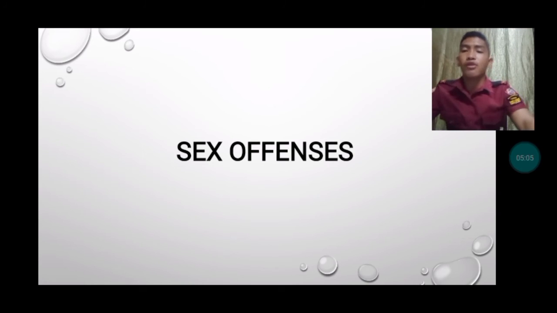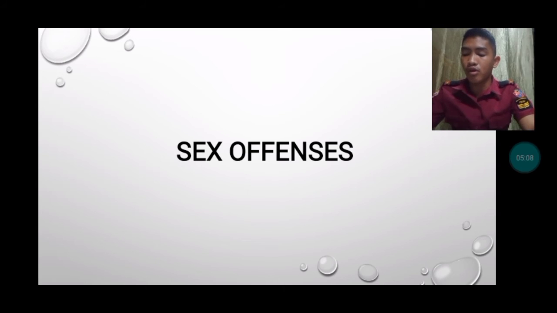When we say sex offenses, in a crime of rape, the photographs to be taken are the place of incident, sign of struggle or resistance on the part of the victim, and object of the evidence.